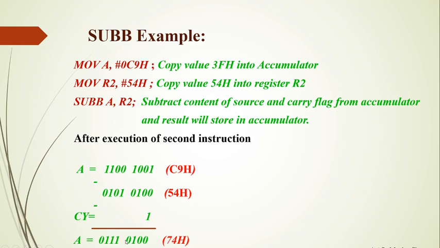We get the subtraction result 74H, that is 0 1 1 1 0 1 0 0. Here no borrow is generated from the fourth column to the third, that's why the auxiliary carry flag is 0. No final borrow is generated, that's why the carry flag is 0, and the result is not more than 8 bits, so the overflow flag will be 0.